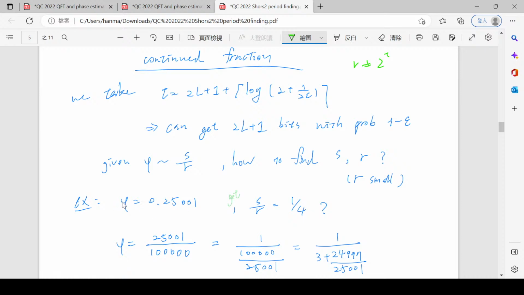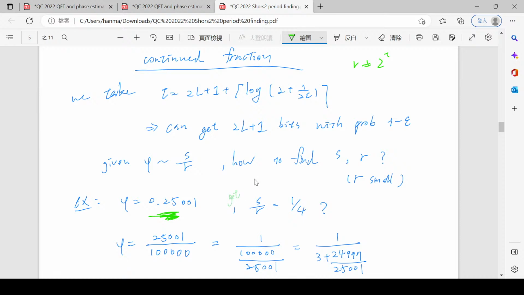Let's see this problem once again. Let's say we do phase estimation, and we get our phi equal to this in decimal, 0.25001. If you look with the human eye, you see this is really close to 0.25. And I think your r is probably 4, or your s over r is probably 1 over 4.